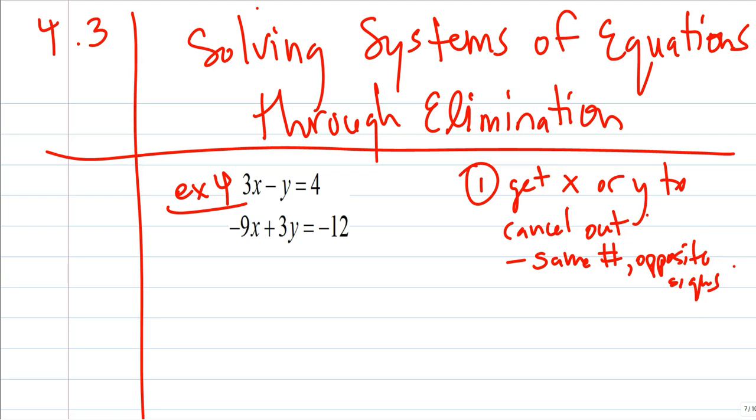Currently, all of these are opposite, but they're not the same number. I could make them the same number. For instance, let's take the x's. I got a 3 and I got a 9. I could make the 3 and the 9 both into a 9. Oh, and we do this only through multiplication.